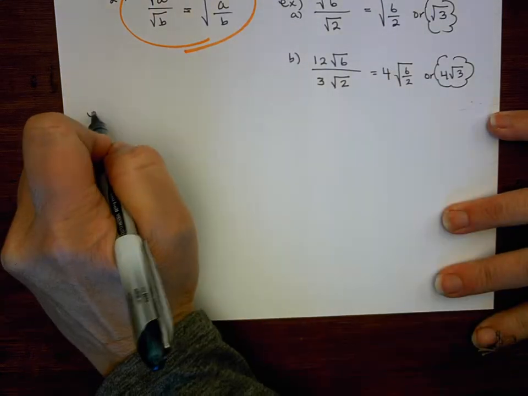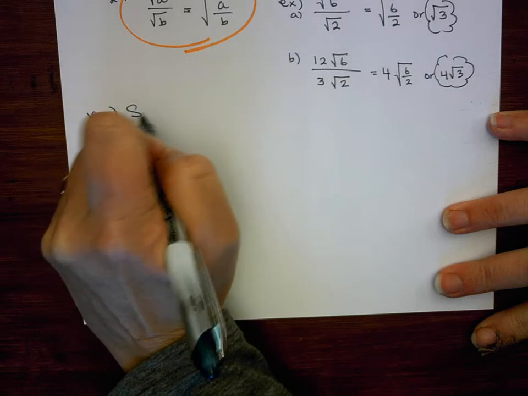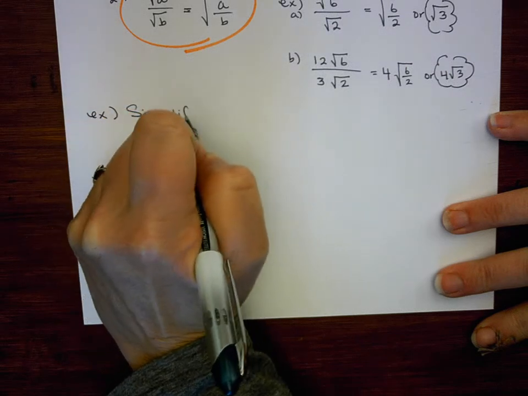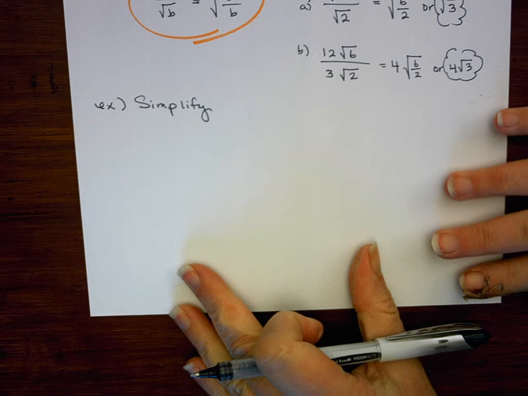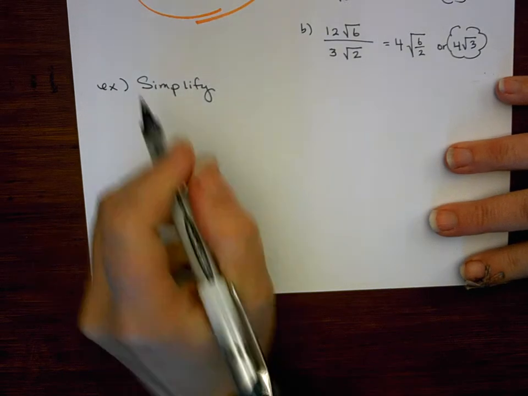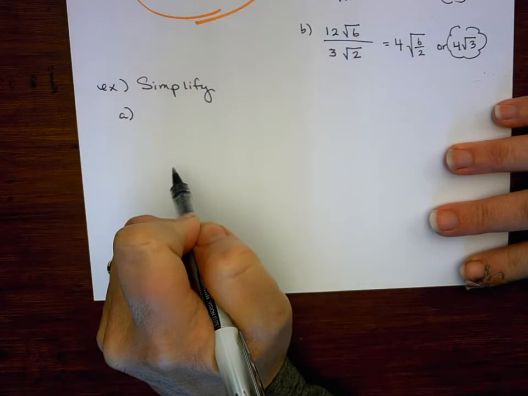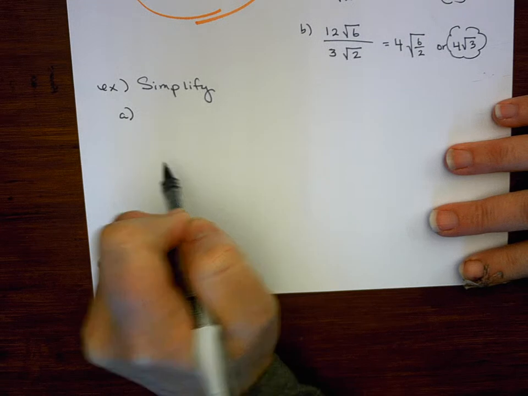So for the first example, we want to just simplify. Well, that's actually the directions for all of them, so we're just going to simplify. This is the example on page 434.